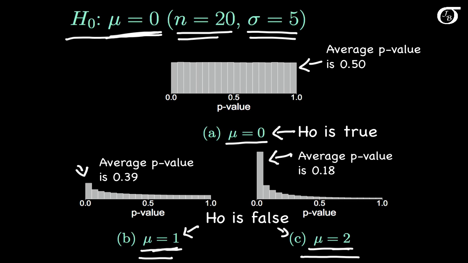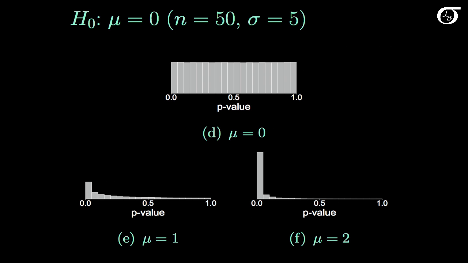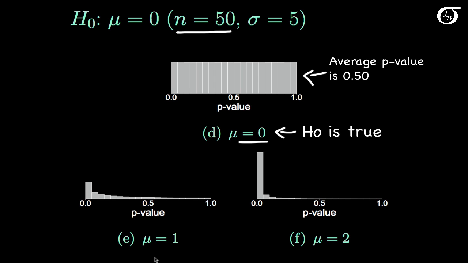To illustrate that, let's see what happens when we increase the sample size to 50. The only thing that's been changed in this simulation is that the sample size has been increased to 50. We can see here when the null hypothesis is true that distribution of the p-value is still uniform between 0 and 1. And when the null hypothesis is false, the distribution of the p-value still again moves towards 0.